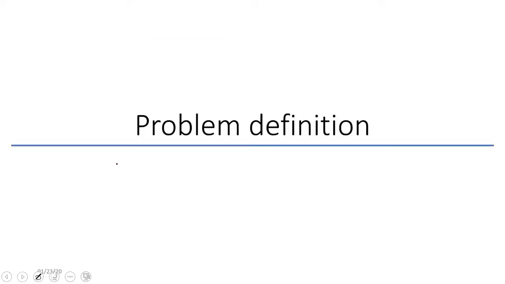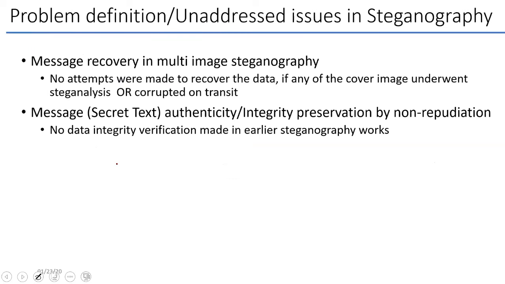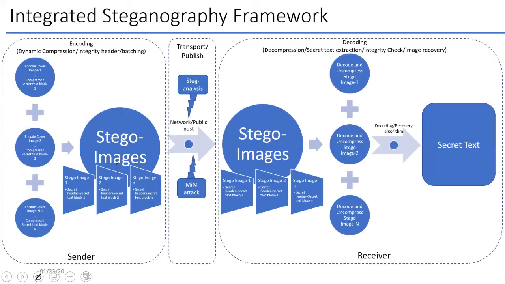So the proposal here is to distribute the secret text into multiple files, and if one of them is attacked by a hacker or one of the images gets corrupted, we will still be able to get the original secret text using the proposed algorithm, and I'll walk you through it.